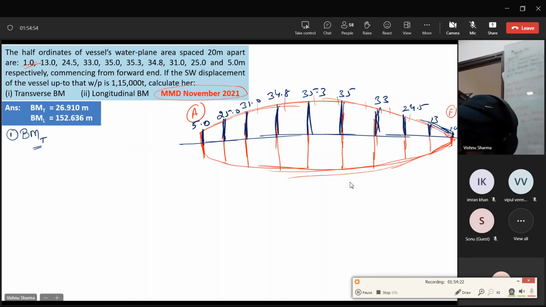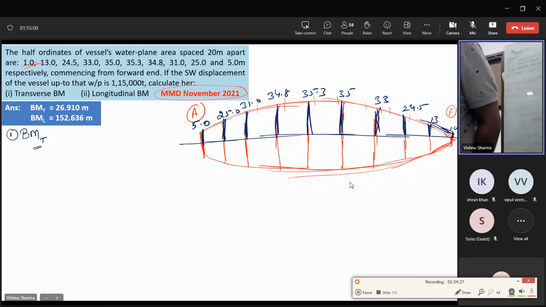So guys, BMT. Firstly, for BMT, which area do we need moment of inertia? Please just answer the short questions. The water plane. Which area, what do you mean by transverse?